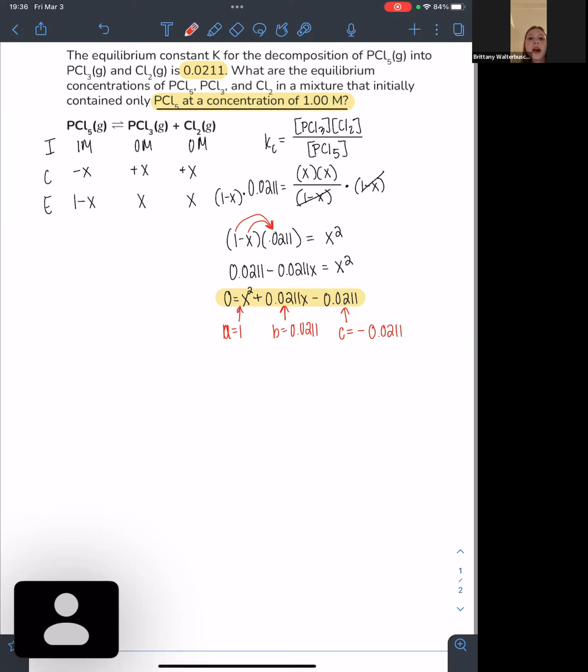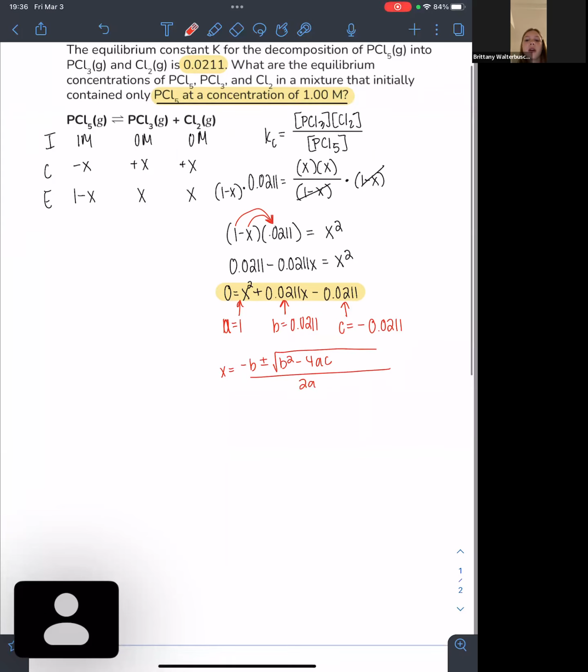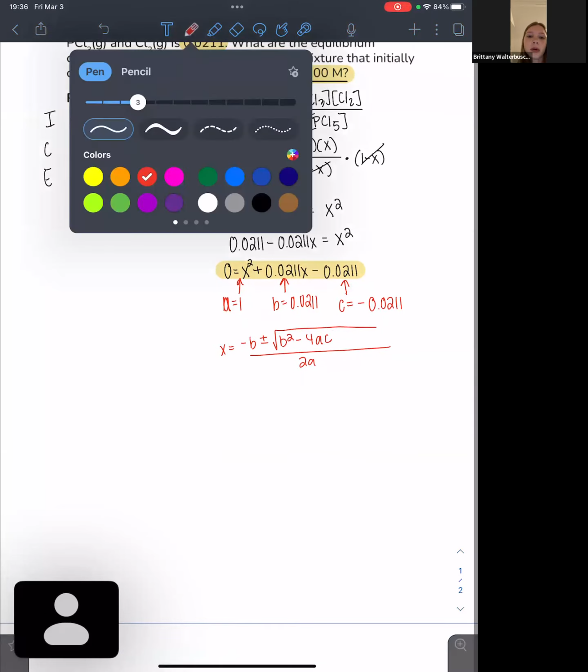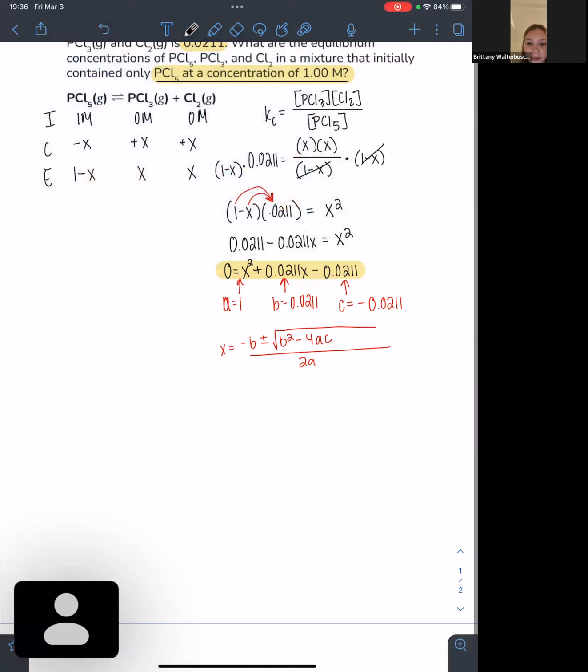Okay, now we have our variables and we're going to use the quadratic formula. So we know in the quadratic formula, our x is going to equal the opposite of b plus or minus the square root of b squared minus 4ac, all over 2a. Okay, now let's just plug in our variables.